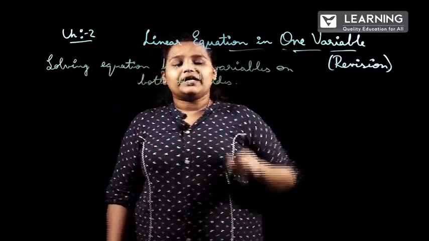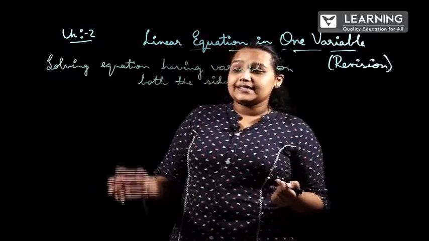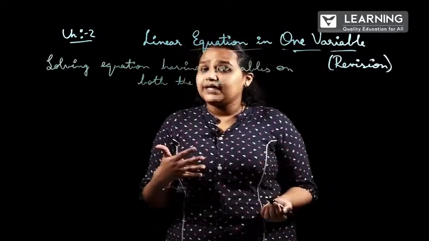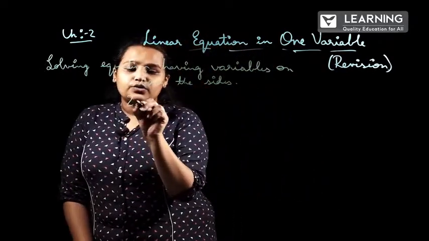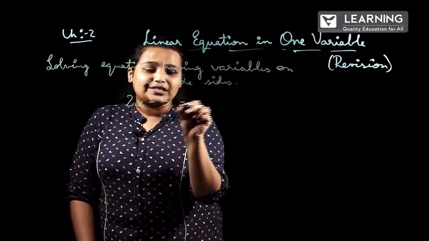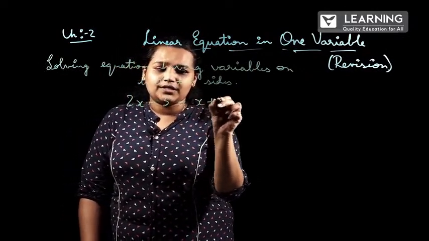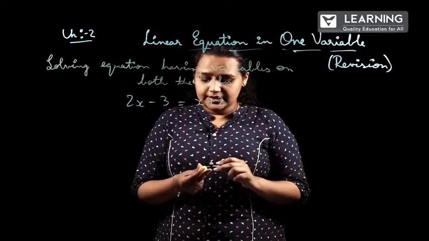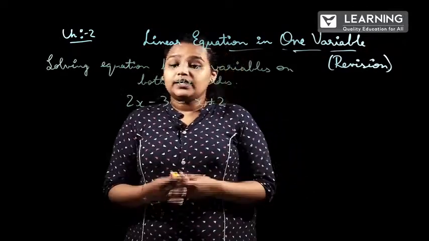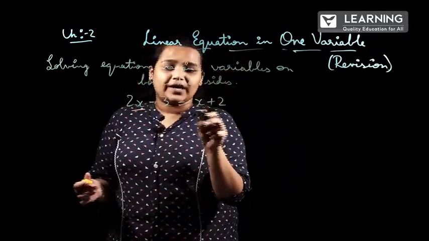So, here also they will be giving you questions which have variables on both the sides. Let me take an example, that is 2x - 3 = x + 2. So, how to solve this? Let me tell you. Here variables are there on both the sides.